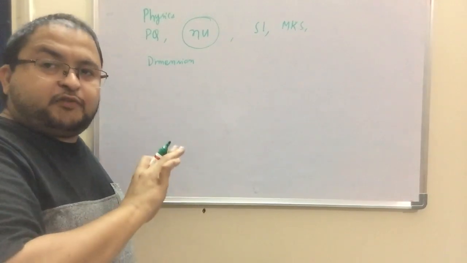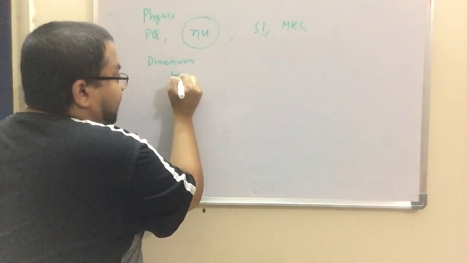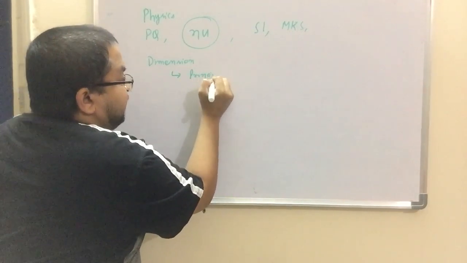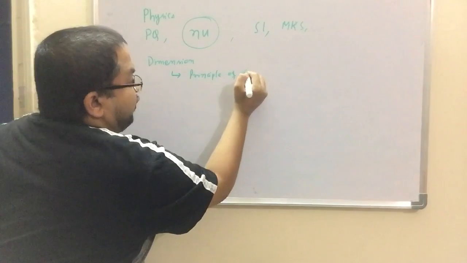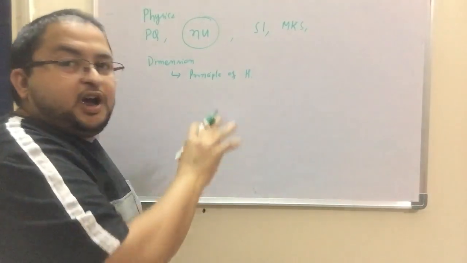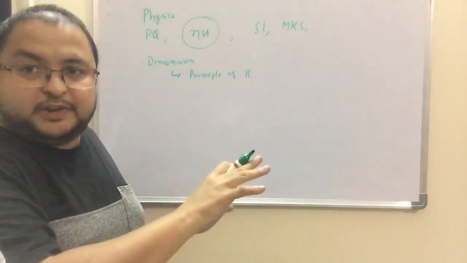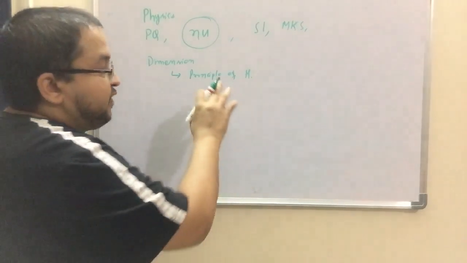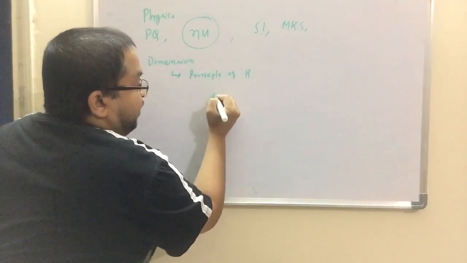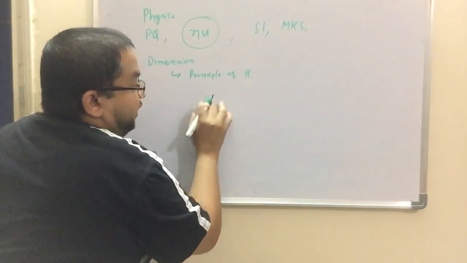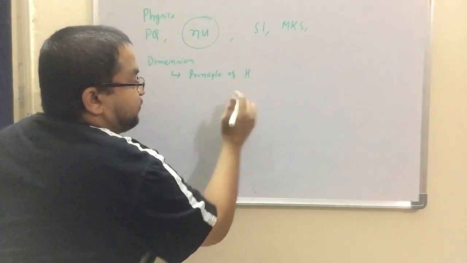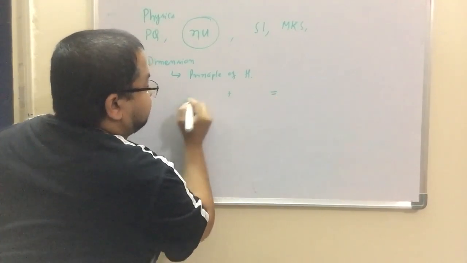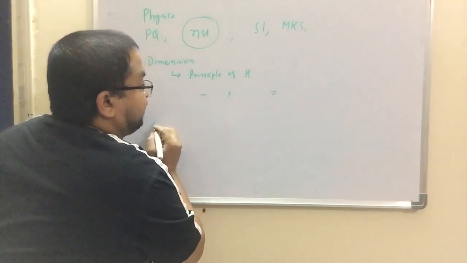analysis and the uses of dimensional analysis. The first use we have already seen, that was using the principle of homogeneity, how we can establish whether an equation is dimensionally correct or not. And we have understood that in any equation, if the physical quantities are separated from each other by a plus sign, a minus sign, or an equal to sign, right?